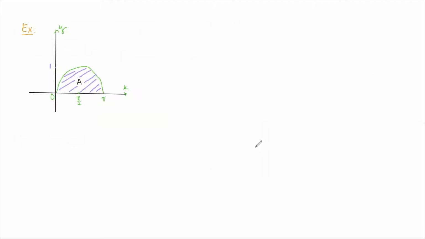Next example. Say they give you this diagram, and this function is y equal to sine x. Then they want you to find the shaded area, this purple area here under this curve of the sine function.